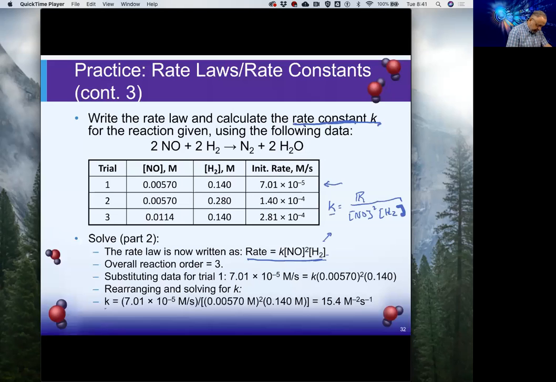On the bottom line here, the rate constant is going to be, here's the value of the rate, and here's the concentration of NO squared, and the corresponding concentration of hydrogen. And so that way we can calculate the rate constant. All of this data has three significant figures, so our rate constant will come up with three significant figures. So that's how you can find the rate constant.